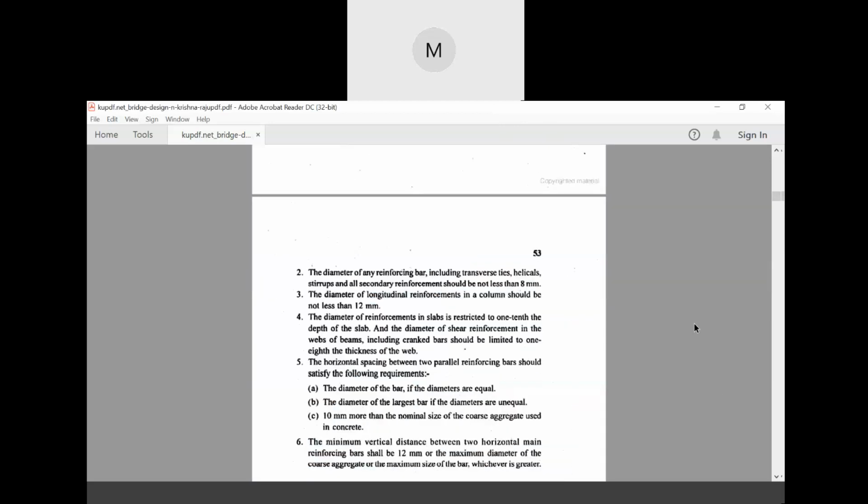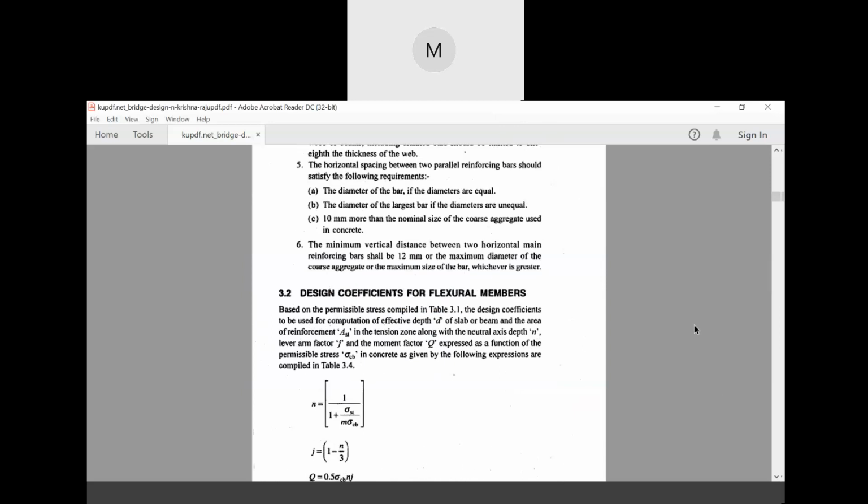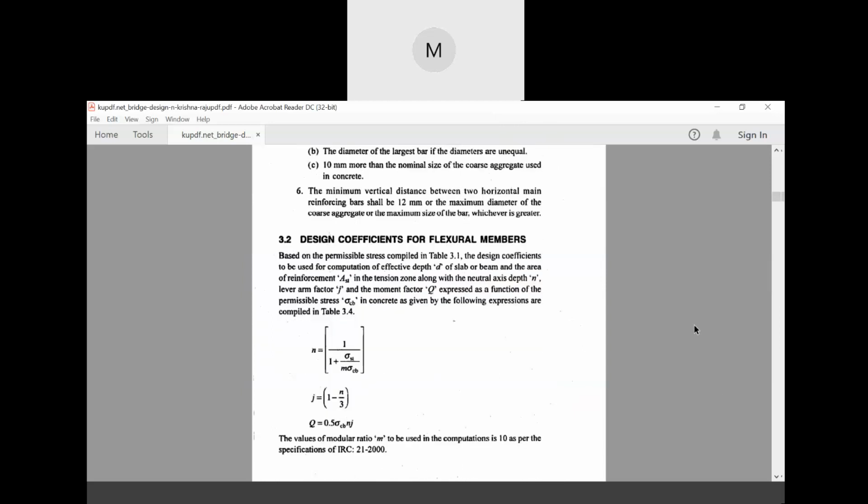Now, if you can see, look, in table 3.1, here are the design coefficients, right? In design coefficients, these are used for computation of effective depth, that is D. Okay.